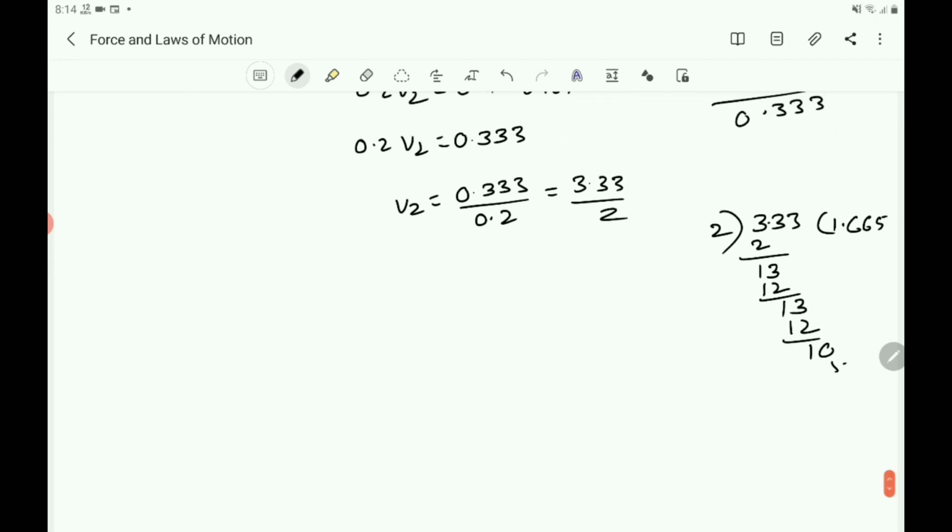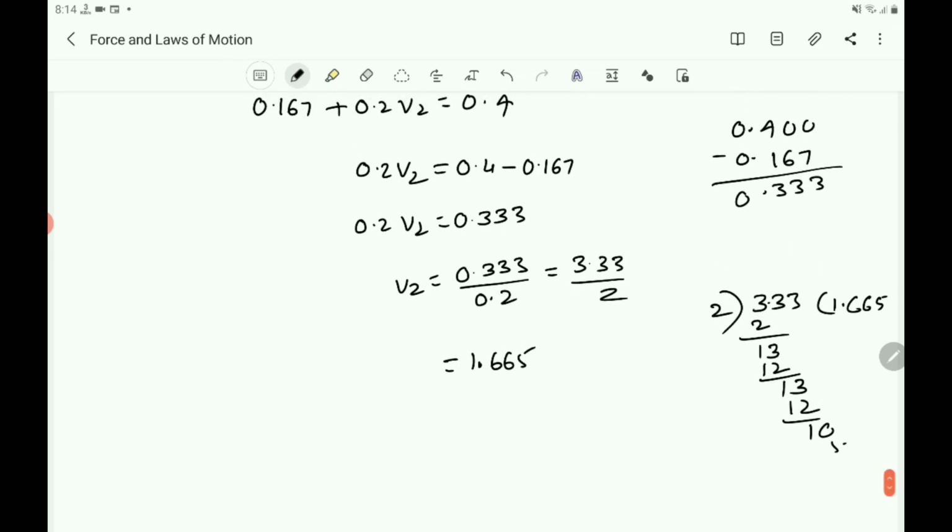So you got 1.665. The unit here is ms⁻¹. So you got 1.665 ms⁻¹.